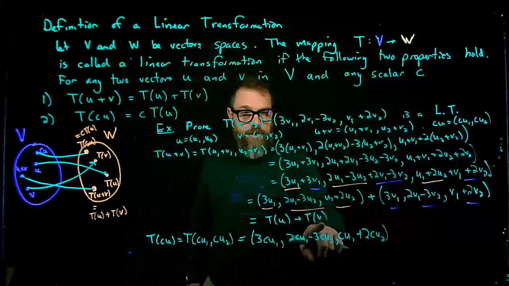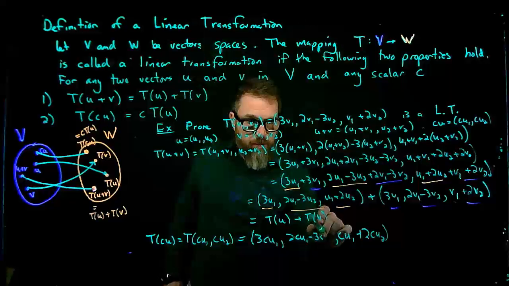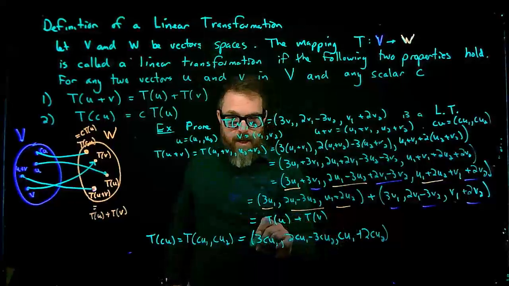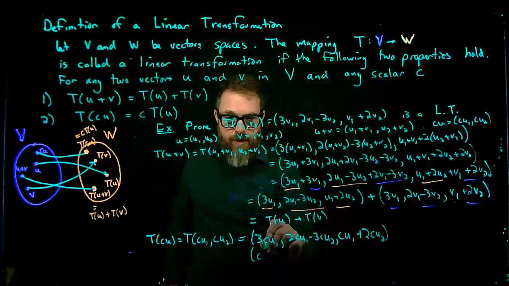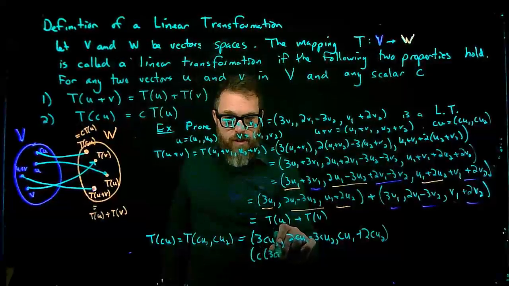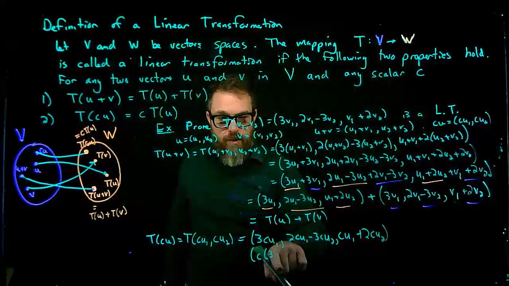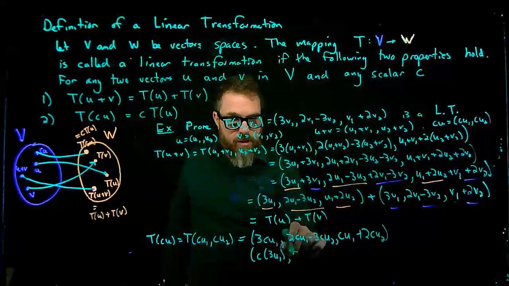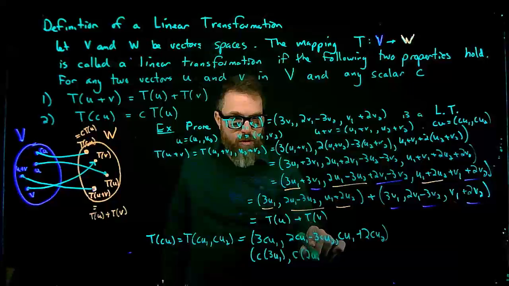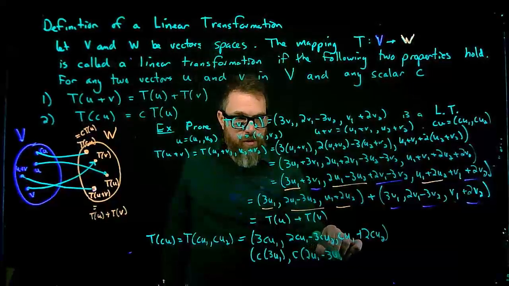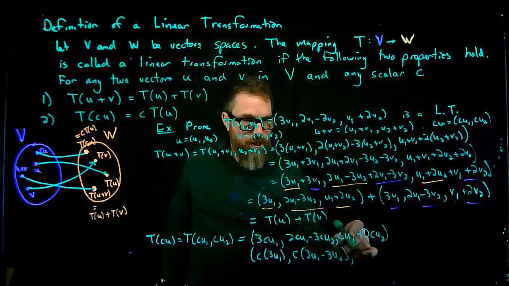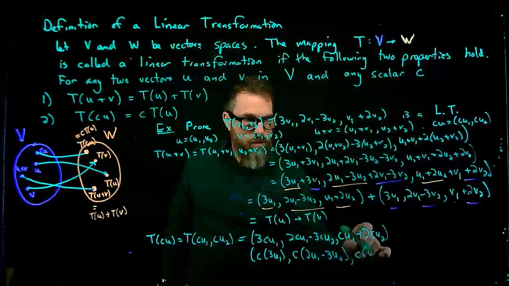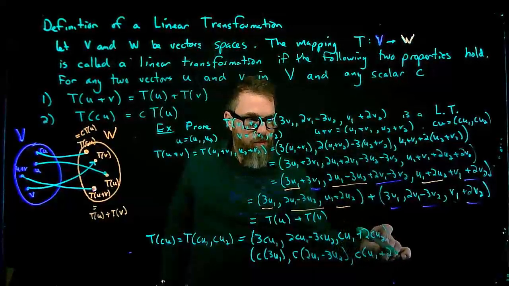Now, what I can do for each one of these binomial components is pull a c out of this. So this is 3u1. I'm going to pull a c out of this, so this is c times 2u1 minus 3u2. And I can also pull a c out of this component, so this is c times u1 plus 2u2.